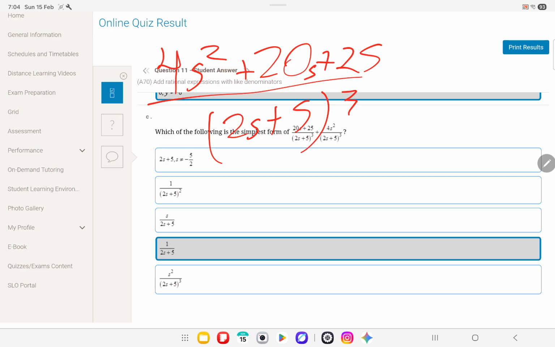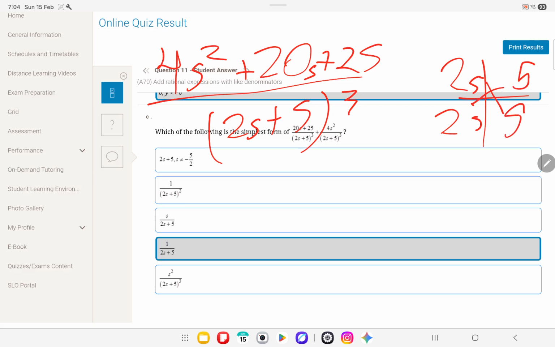So now, how can we simplify? Easiest thing to do is we use the box method. So we have 4s squared. What times what gets you 4s squared? It'll be 2s. And what times what gets you 25? 5 and 5. Check.